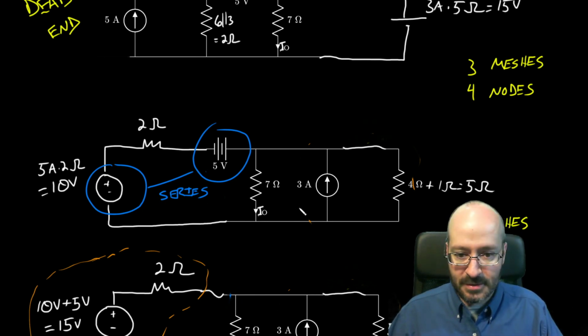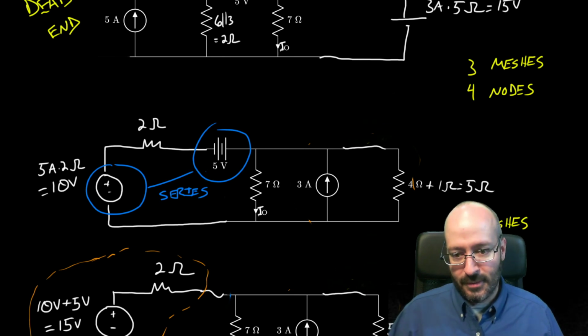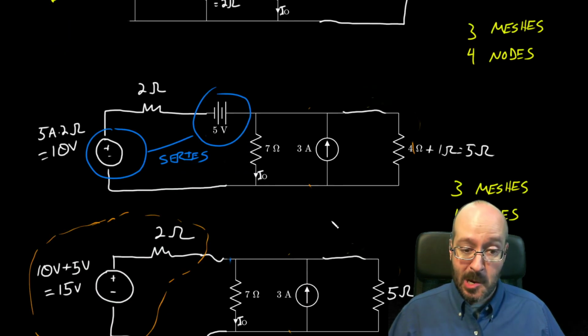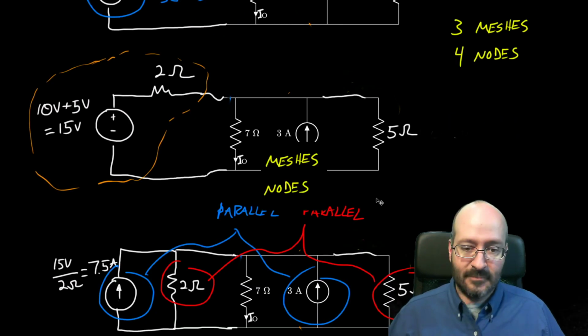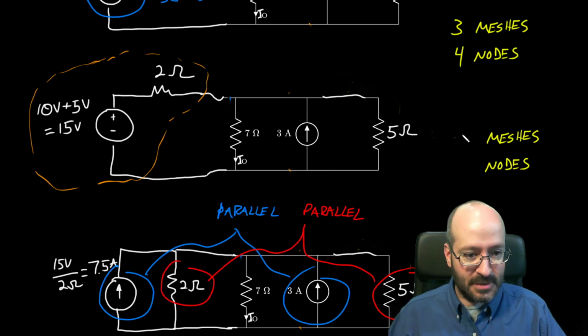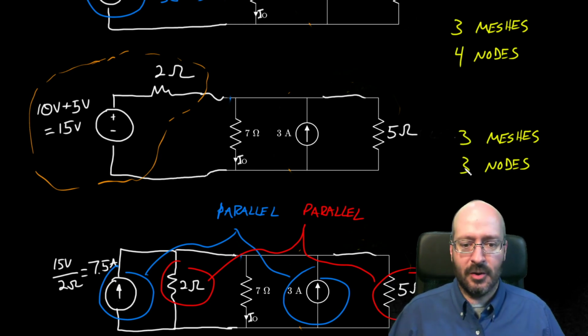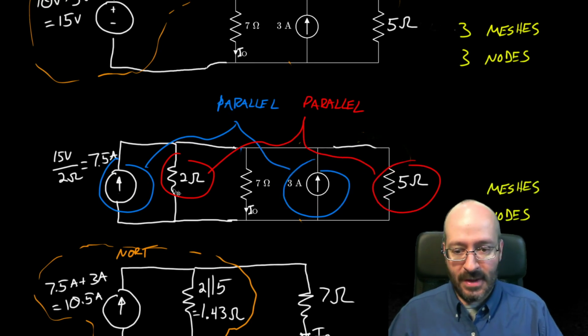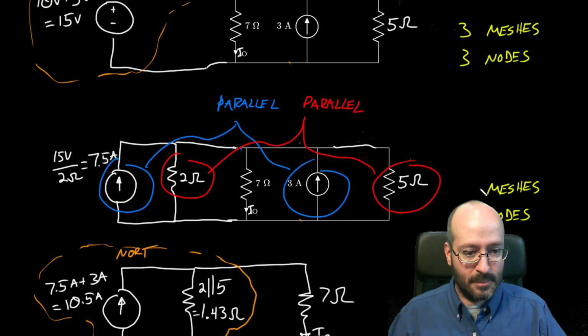So we got 3 meshes and 4 nodes. So not much of a change there. Okay, 3 meshes and 3 nodes. Okay, getting better, making a little progress. Here we have 4 meshes.